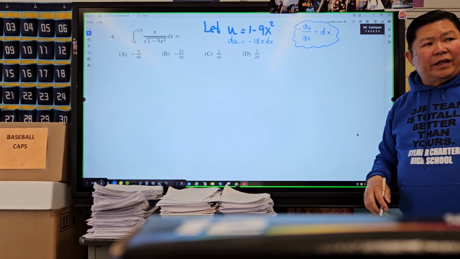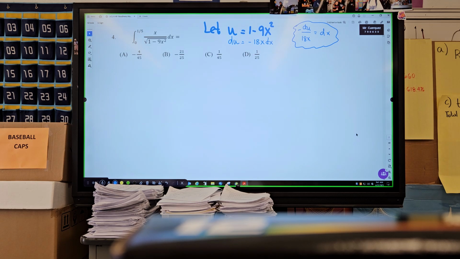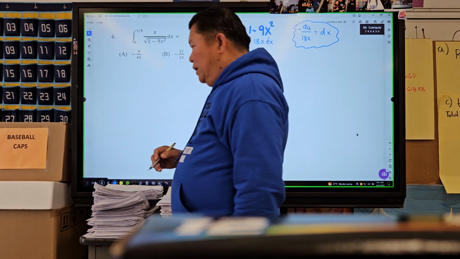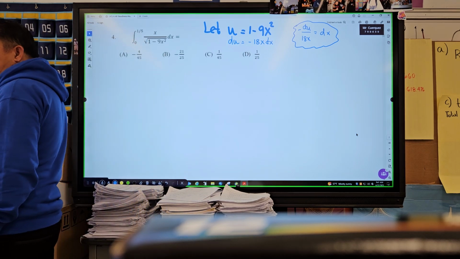So our dx is defined as negative du over 18x.